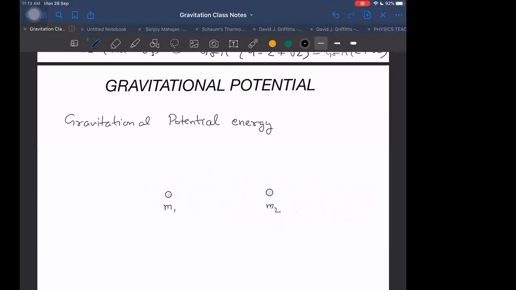Let us assume m1 is fixed and m2 is moving away by some external force, which is equal to self-gravity, the internal conservative force. Internal force, we know what that value is, and because here I'm moving it slowly.